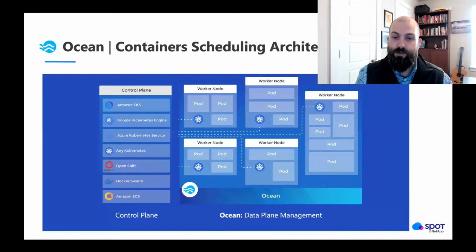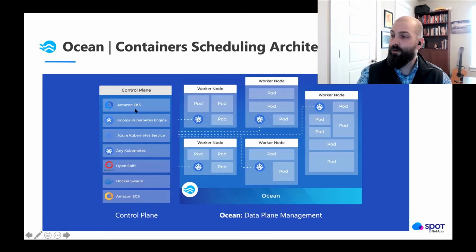Cool. I will go ahead and jump forward a little bit. So as we discussed, Ocean is going to be the primary focus of today's discussion, because this focuses in on Kubernetes and running containerized workloads on a very cost-efficient platform. One of the nice things about Ocean is that we integrate in with your existing control plane. So whether you're using EKS, AKS, ECS, or even if you're running bare metal Kubernetes in your environment today, we would connect in via an API.